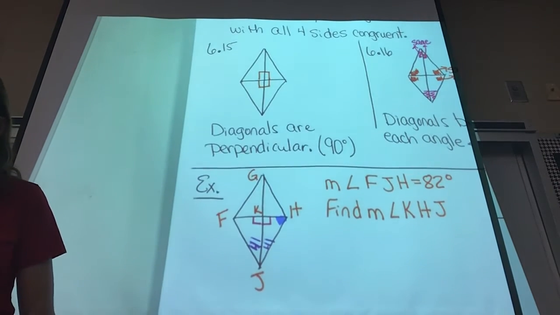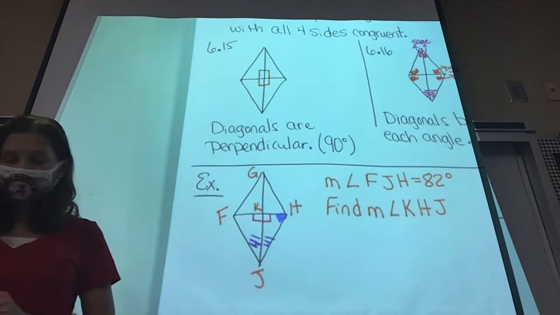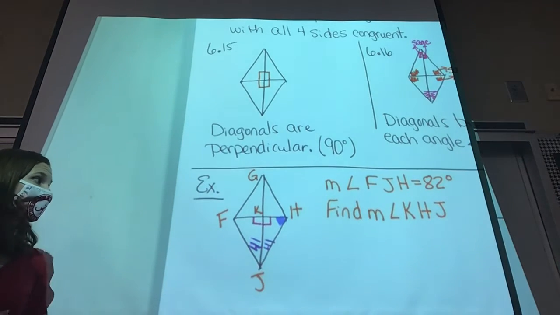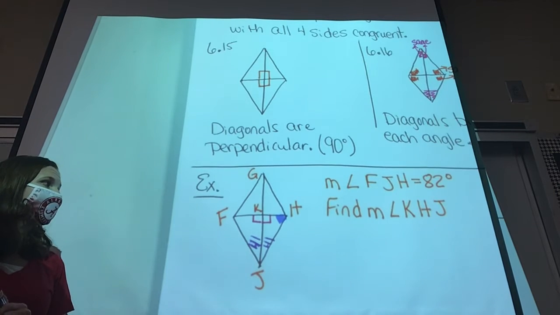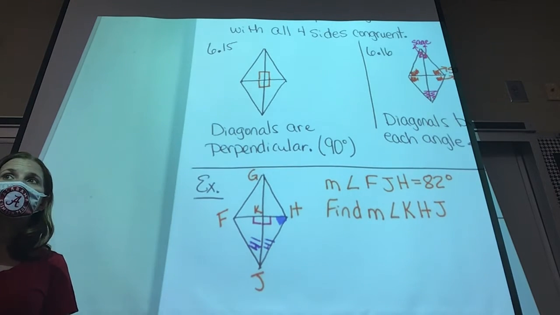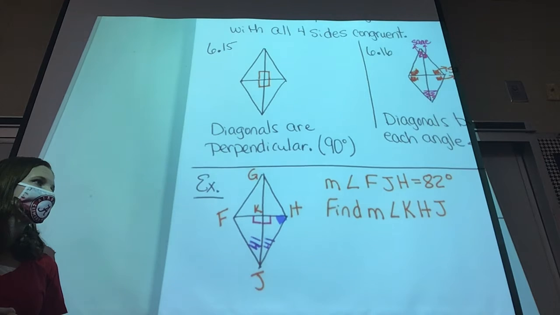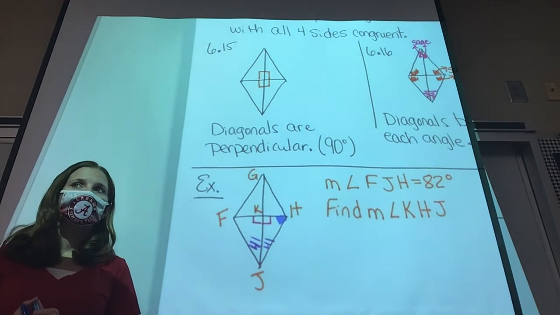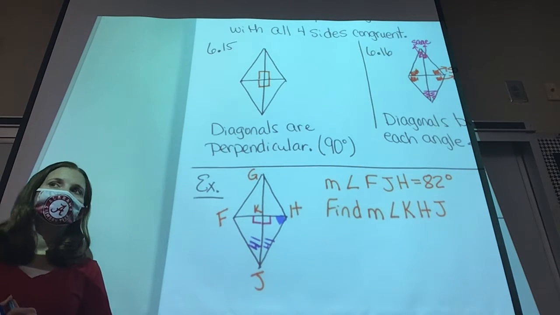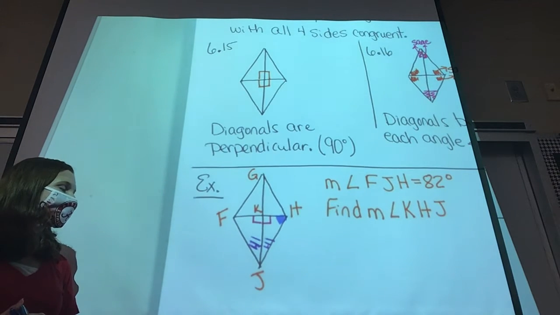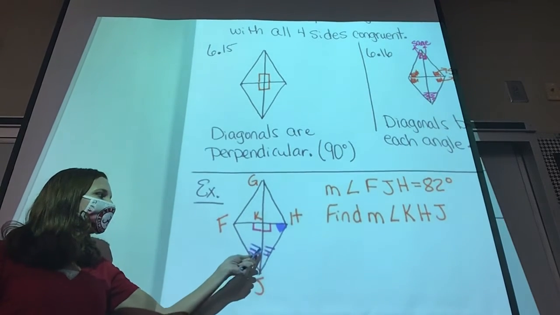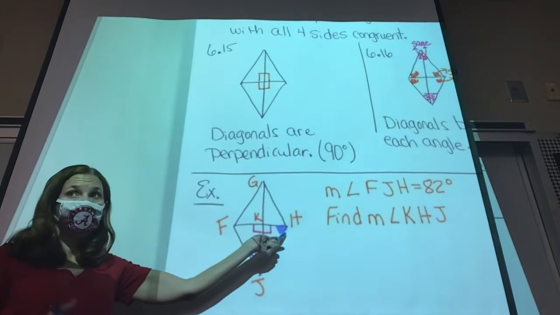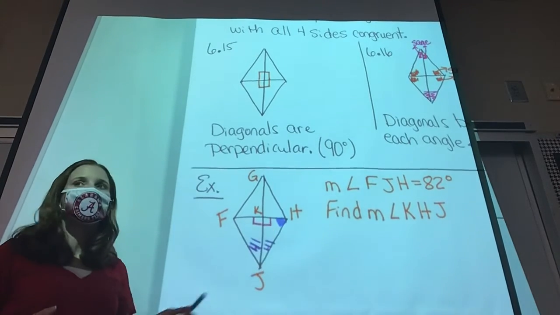Miss Olga, yes. Why don't you subtract the 90 from 41 instead of adding? Why are you adding 90 to 41? Because I need all three of these, this one, this one, and the blue one, whatever it is, to equal 180.